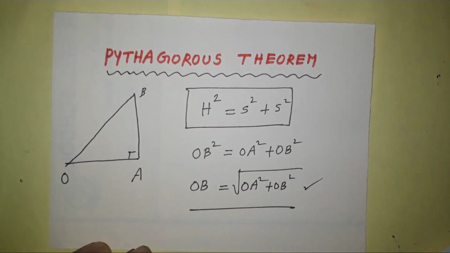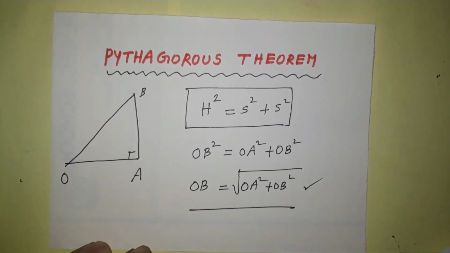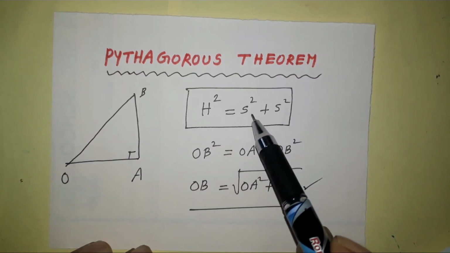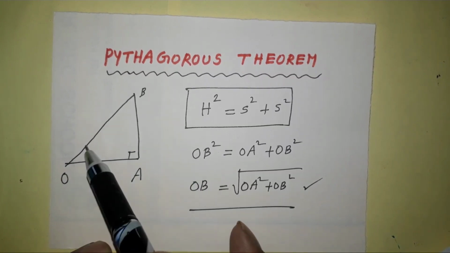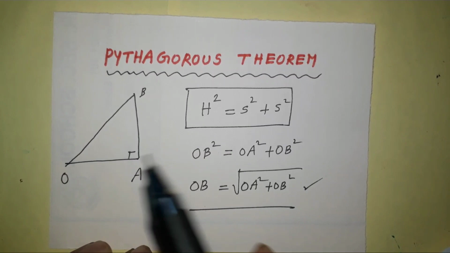You already know the Pythagoras theorem, children. This result we can observe in a right angle triangle. What the Pythagoras theorem says is, in any right angle triangle, hypotenuse square is equal to side square plus side square. So in our triangle OAB, the hypotenuse is OB, and the two sides are OA and AB.